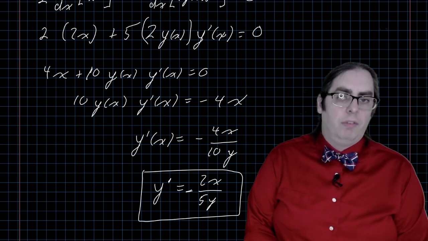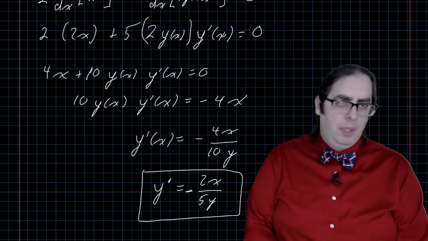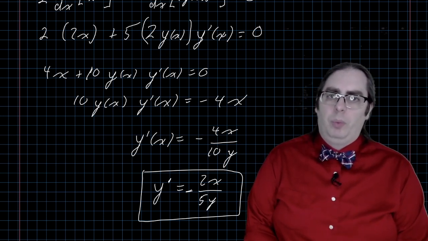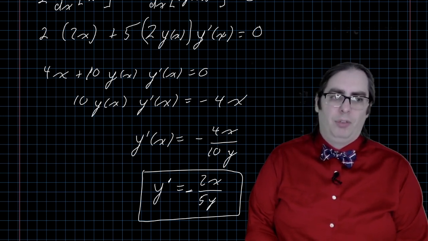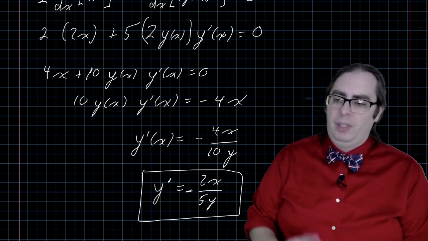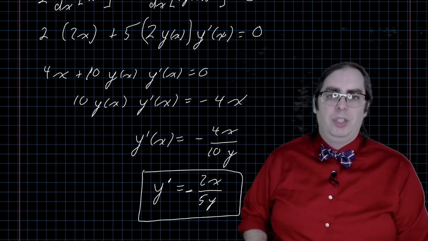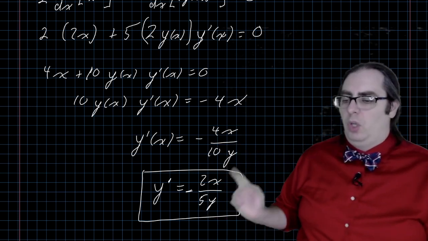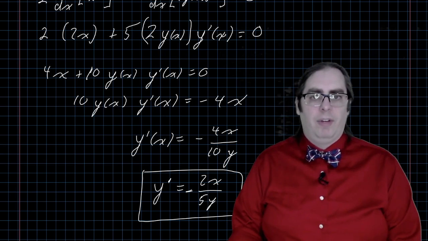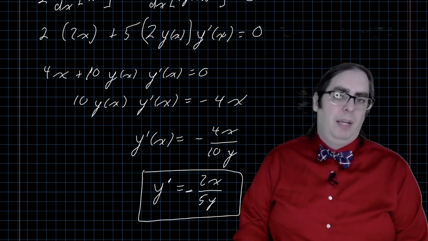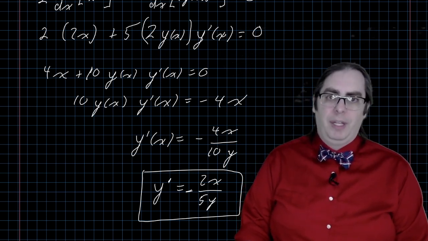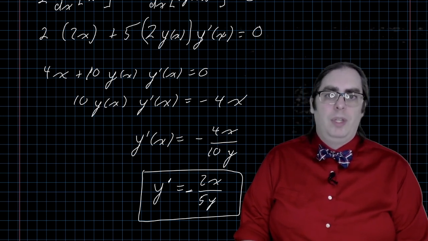For a particular value of x and y, things get a little bit messier because we need to explicitly give a value of x and a value of y because there's more than one y value for the x value. But we can use the original equation to verify that that is a point. We can use the derivative to find the slope of the tangent line, and we can write the equation of the tangent line from there. That's what I'm going to do in the next example.